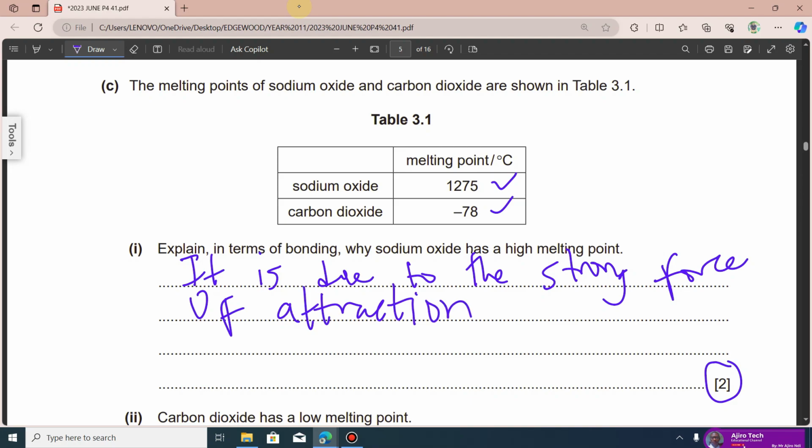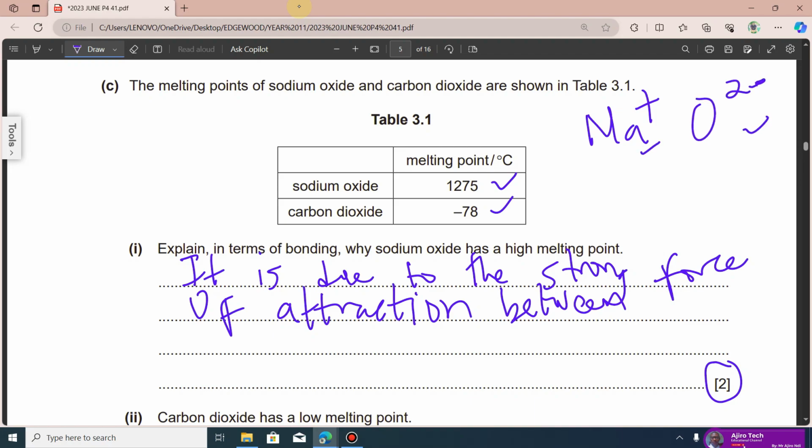Ionic bonds generally have higher melting and boiling points. So it is due to the strong force of attraction between what? Remember we established before, the sodium and the oxygen, so this is positive and negative.